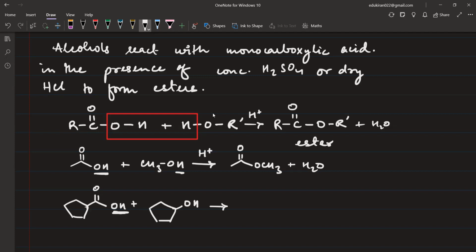From here, OH will be removed, from here hydrogen will be removed, and you will be getting double bond O, and then this will be connected to O. Try it more properly.